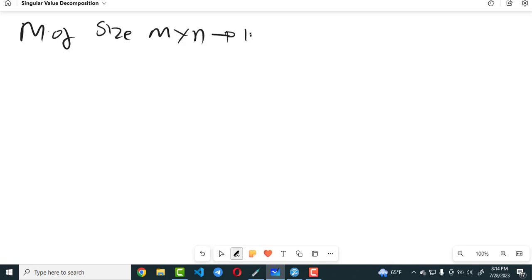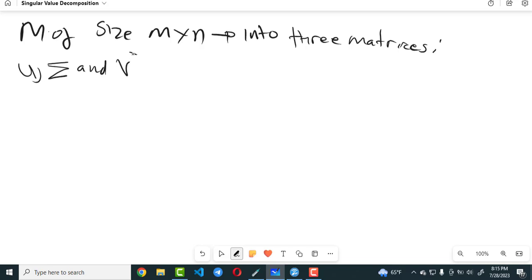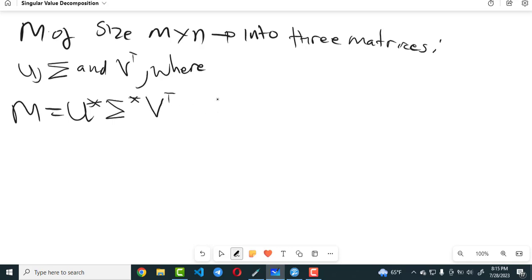So it factorizes it into three matrices, and these three matrices are U, sigma or summation, and V power T, where we are saying our matrix M is equal to U multiplied by sigma, and sigma multiplied by V power T, where M is representing our original matrix.